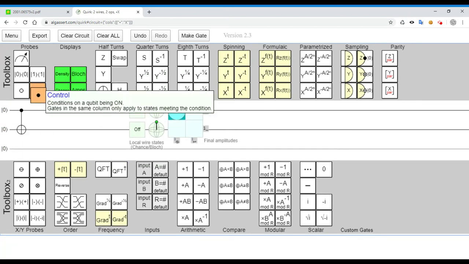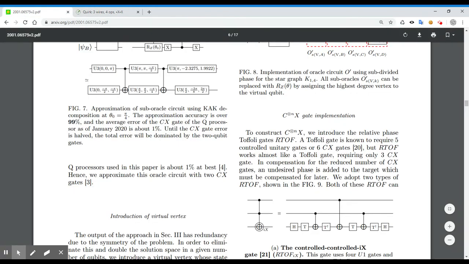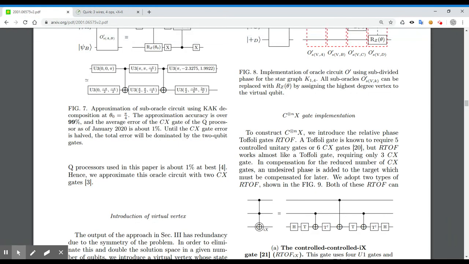So you would have to do something like this, correct? Is that equivalent? So to construct a Toffoli gate requires 5 controlled unitary gates or 6 control X gates.